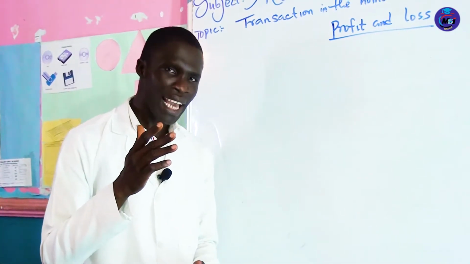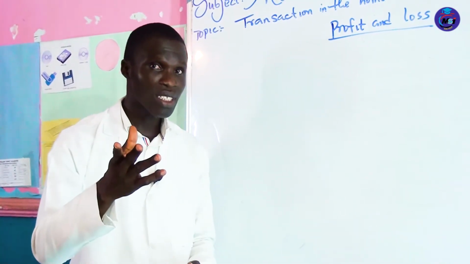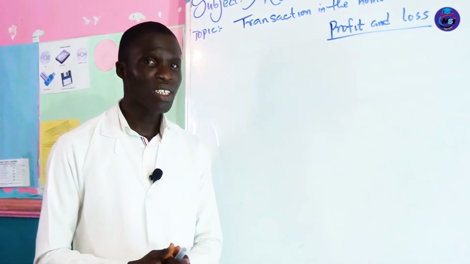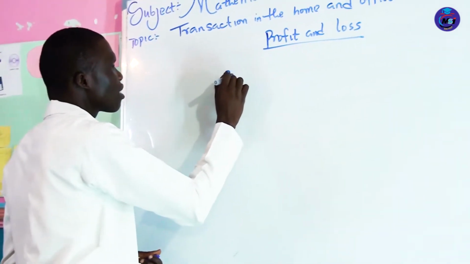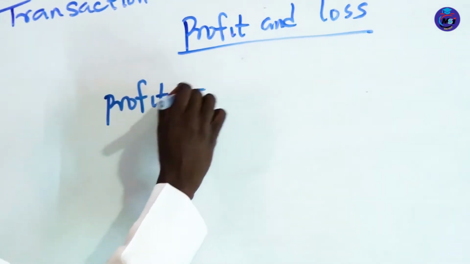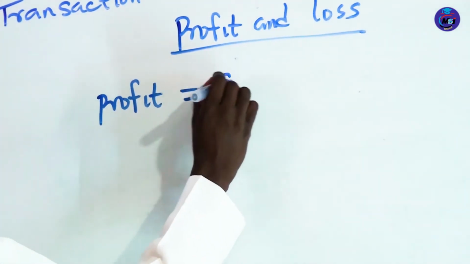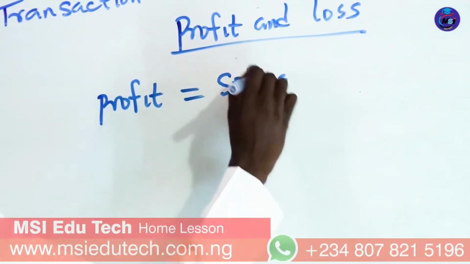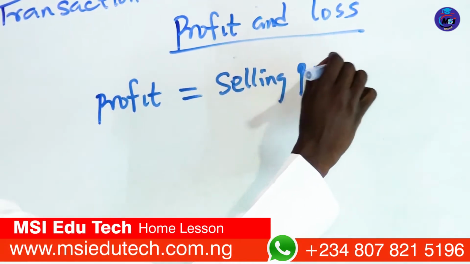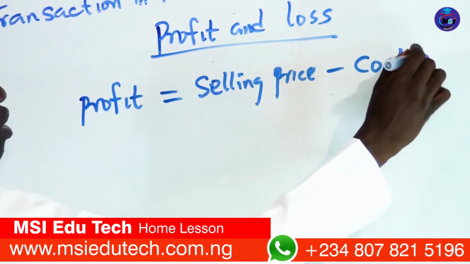You made gain or profit. So that is what we call profit. So profit equals selling price minus cost price.